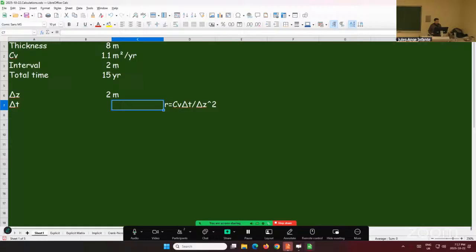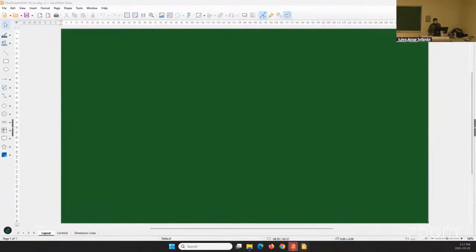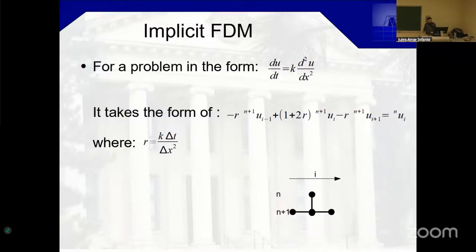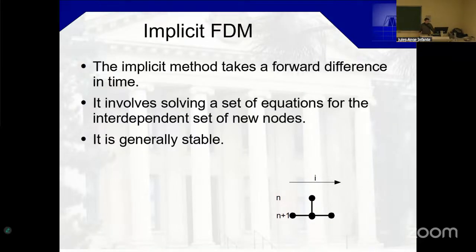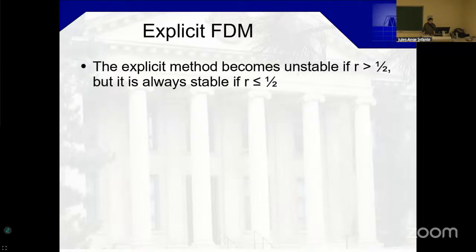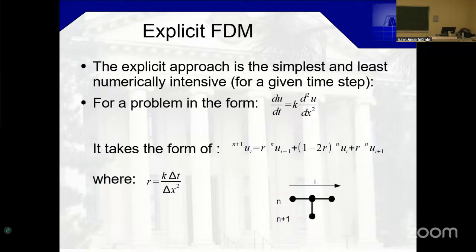That means that to find delta T, R must be smaller or equal to 1/2, right? But remember what I said last time. It works for now, but the real test is that the entire expression between the brackets must be larger or equal to 0. Okay, that's the real test.